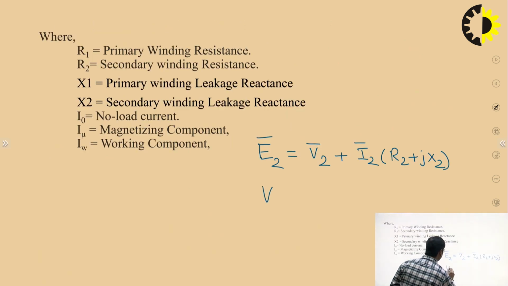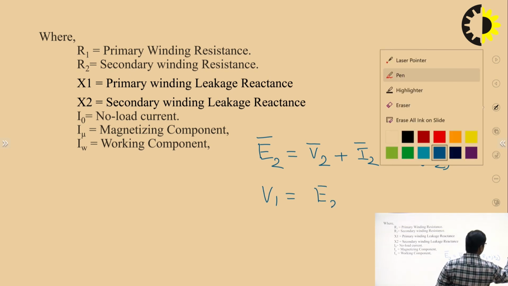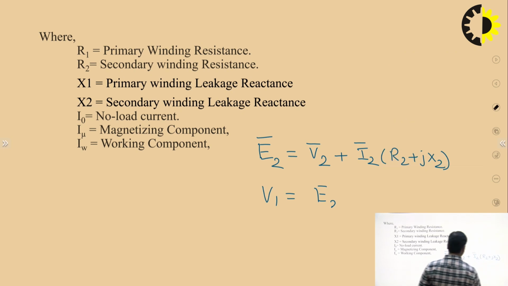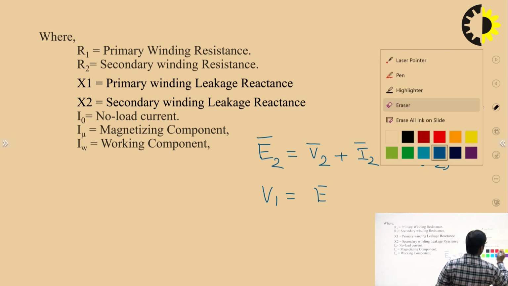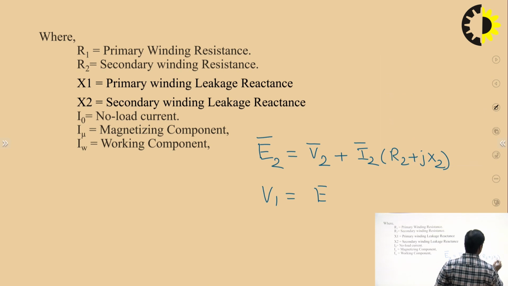So V1 is equal to E1 plus I1 (R1 plus jX1).